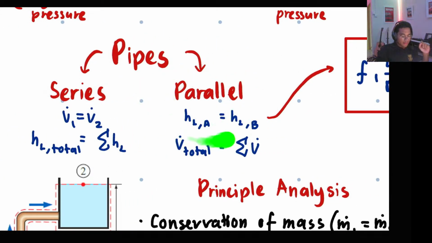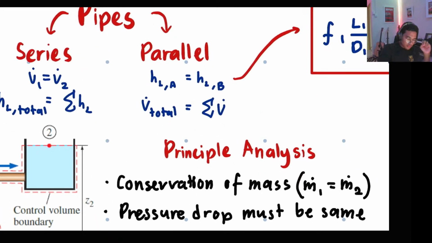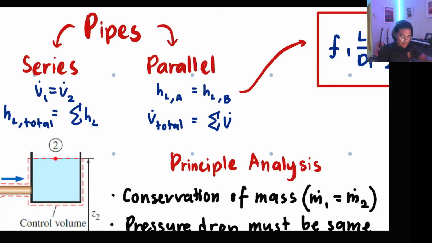Different from parallel systems. In parallel systems, the head loss from point A to point B is equal, but the flow rate will be different. Okay, so let's jot this down.